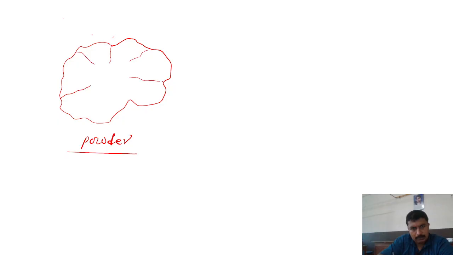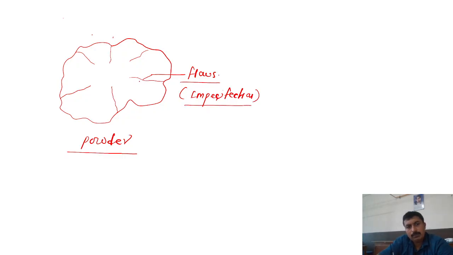We will see this with the help of one representative example. These powder particles, either crystalline or amorphous, have flaws on the surface. What is meant by flaws? Flaws are the imperfections present on the surface of the particle. These imperfections are later responsible for the breakdown of the powder particles.